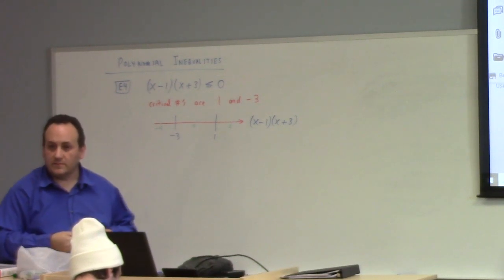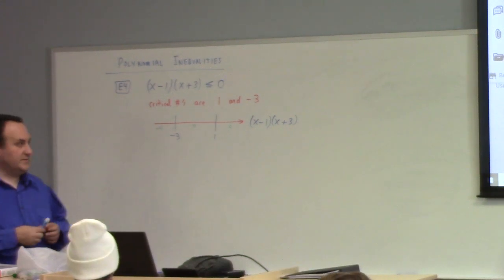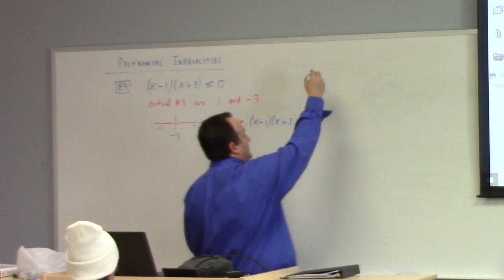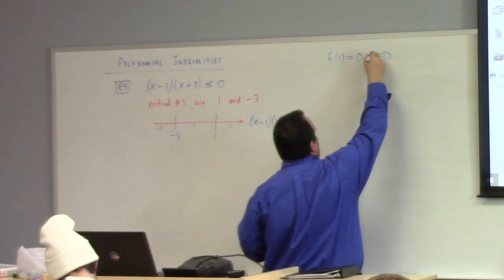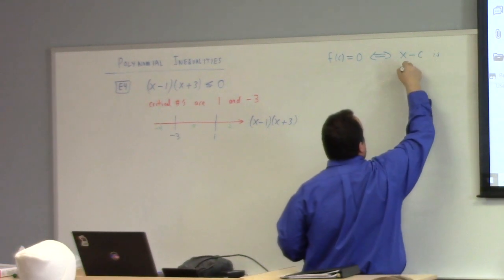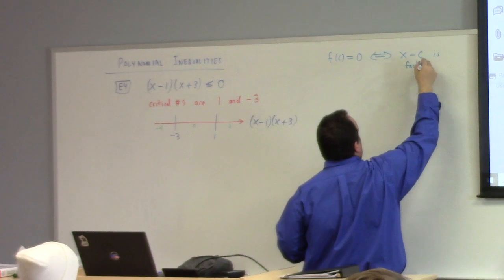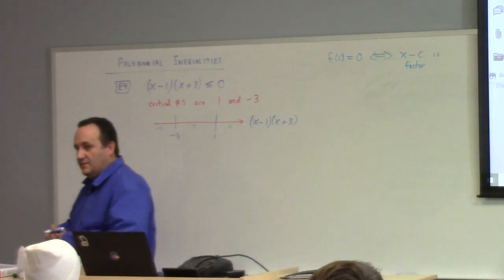Why do we flip the signs? Because we're looking for where it's 0. So the factor theorem, remember, says that f of c is equal to 0 if and only if x minus c is a factor. So there's always this flippity-flop of the sign. What makes the polynomial 0 versus what you find in the factor.